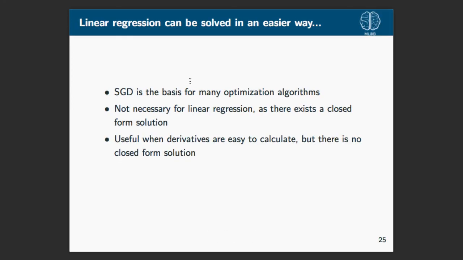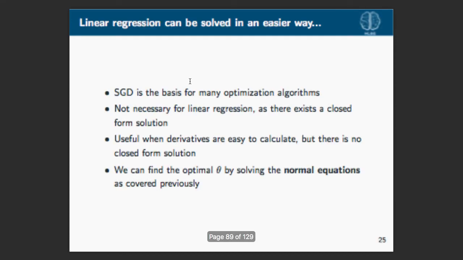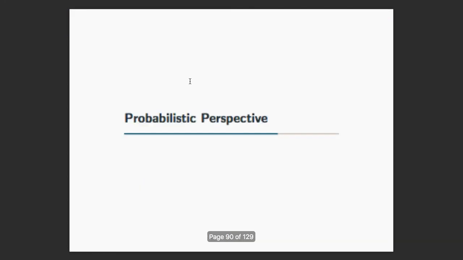We use the derivatives to calculate them, and it's pretty easy. And it's really useful when we have derivatives but no closed form solution. So in big neural nets, for example, we can take a lot of derivatives, but there's no closed form solution. The equations that I showed before for the exact solution are called normal equations, in case anyone's wondering.